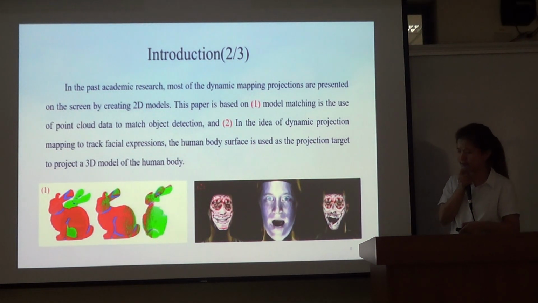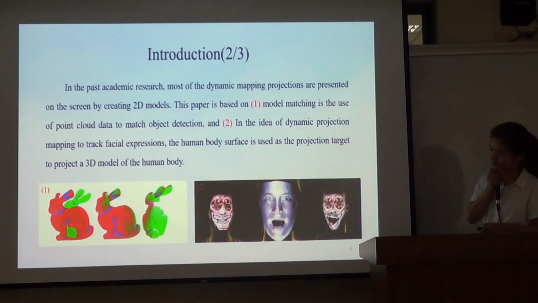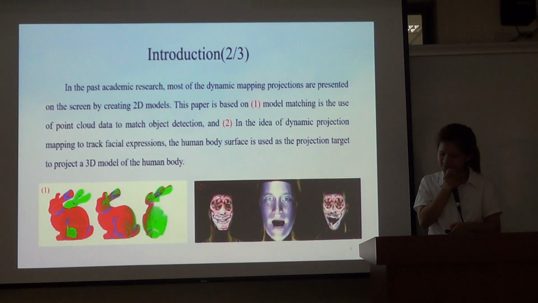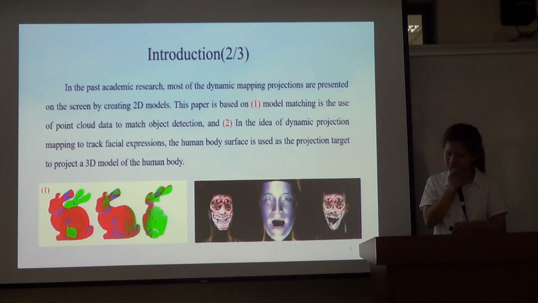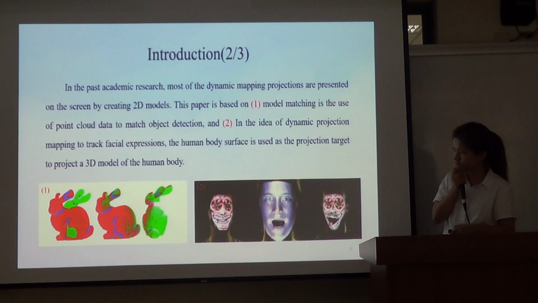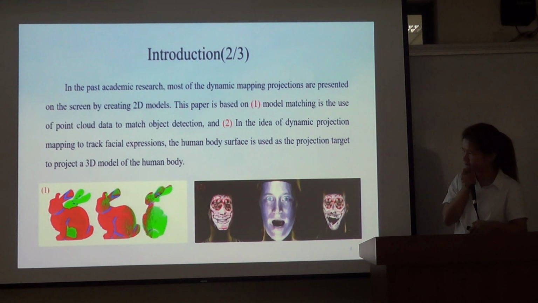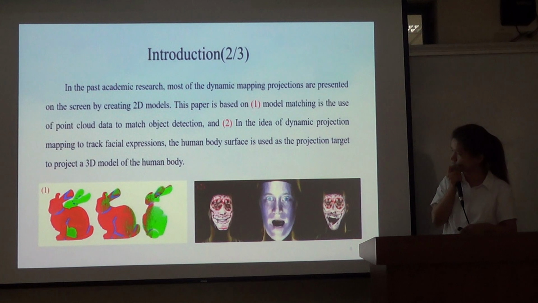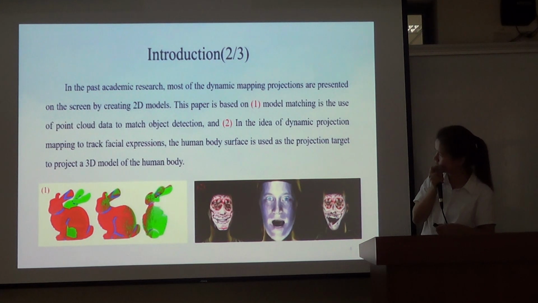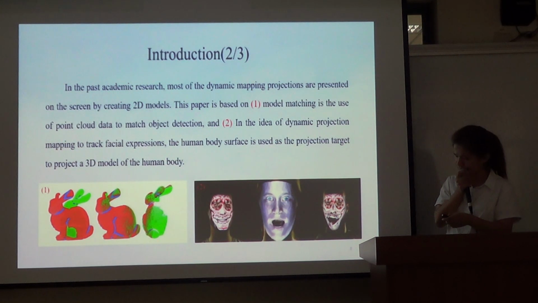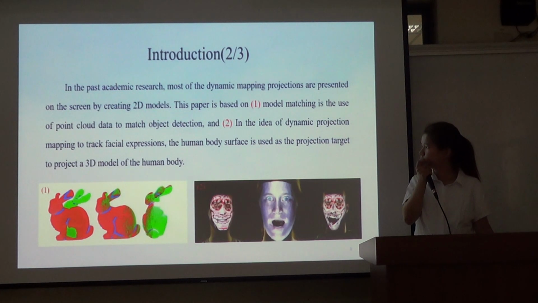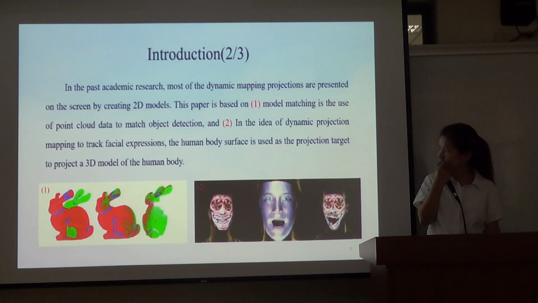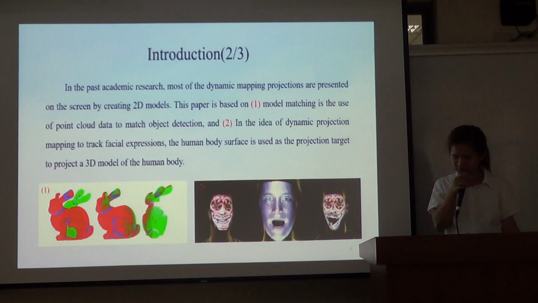Model matching is the use of point cloud data to match the object, and this photo shows the idea of dynamic projection mapping to check facial expression. The human body surface is used as the projection target to project a 3D model of the human body.